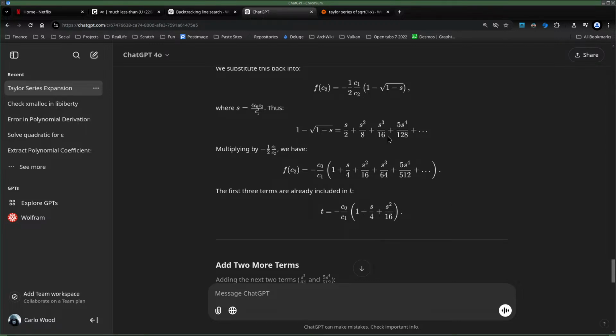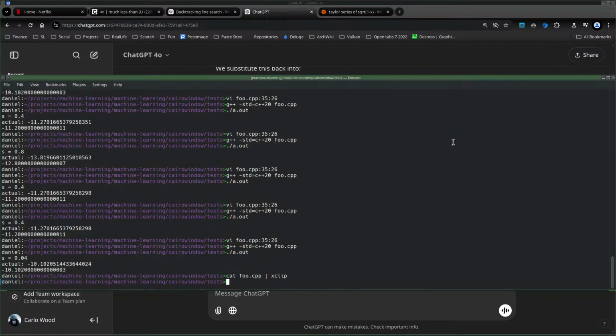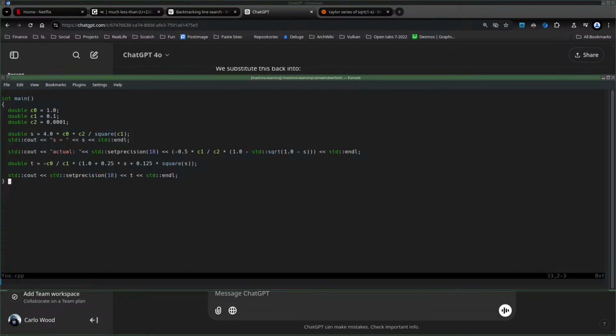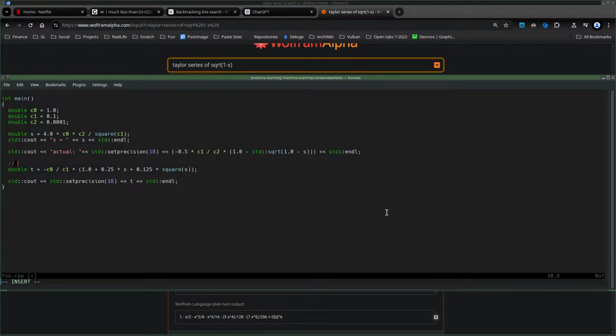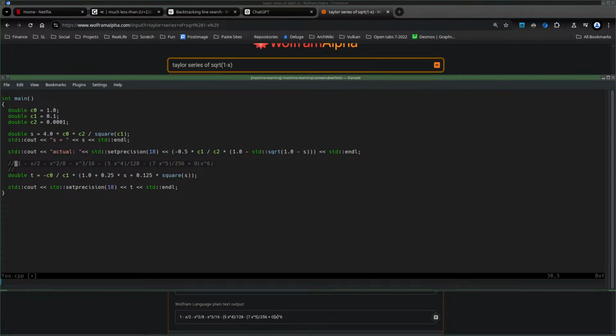But it did give me a vague idea here. Yes. Let's try that again. So we have this Taylor series, which is the square root of 1 minus x.